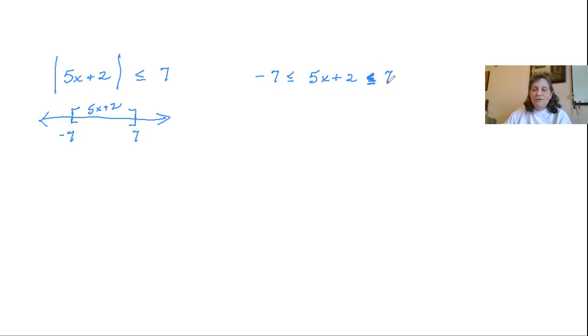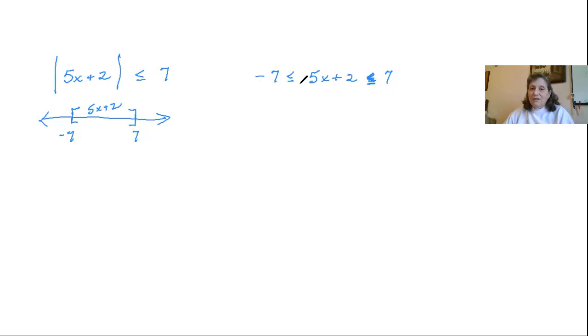If you write this as two separate problems, then you're saying it could be less than 7 or it could be greater than -7, and that would be any number. Any number is either smaller than 7, that would go all the way down to -infinity, or bigger than -7, that would go all the way to +infinity. So this would be every single number and some of them twice. It has to be written as one interval.